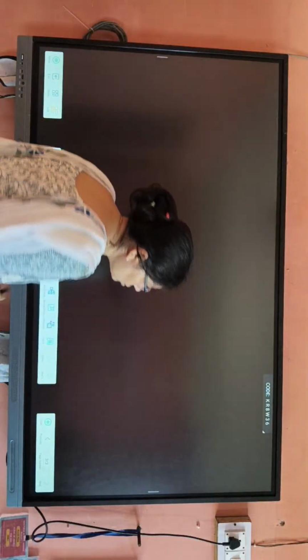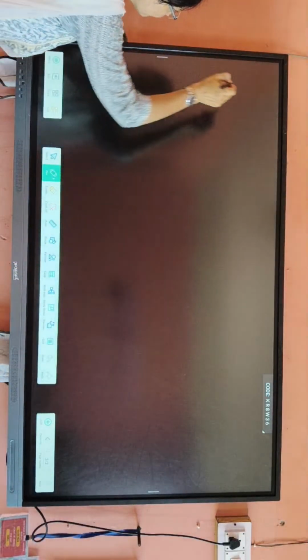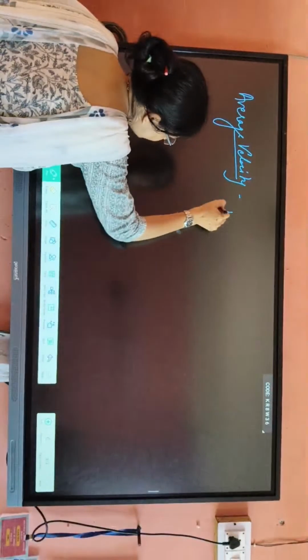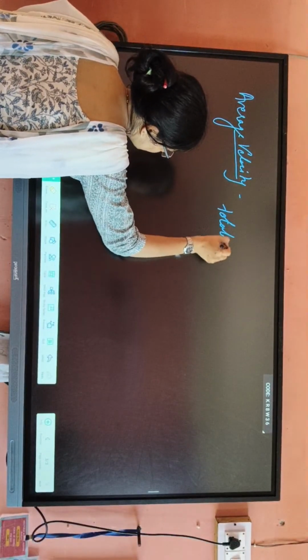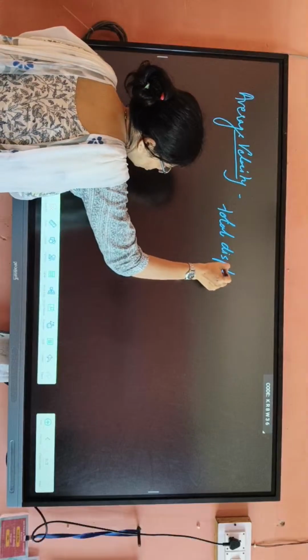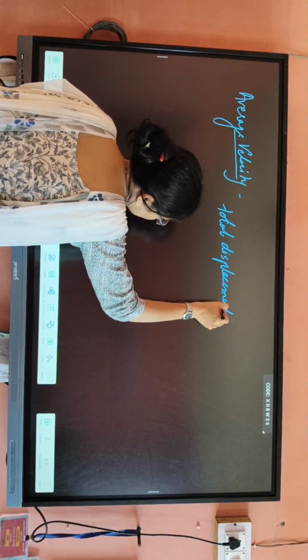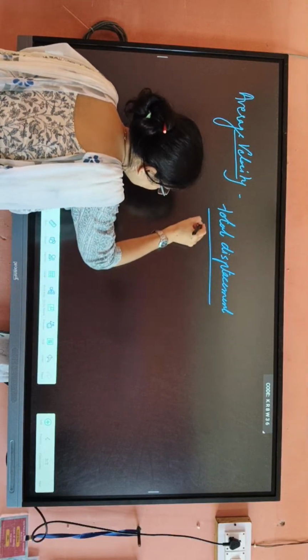Then you have to learn these terms. Now next, average velocity. Average velocity will be total displacement by total time.